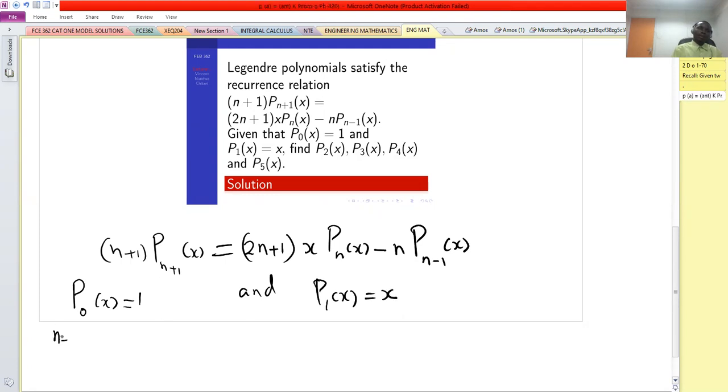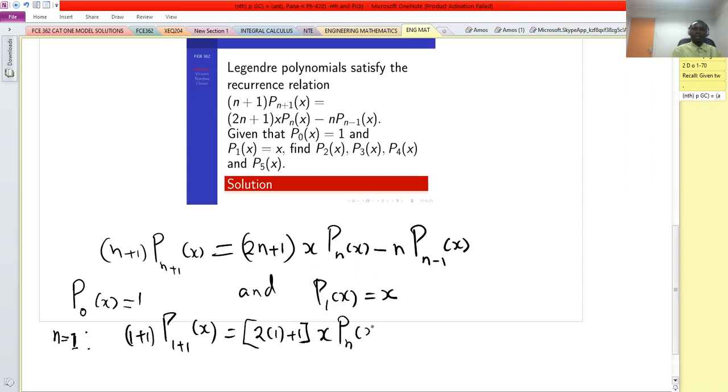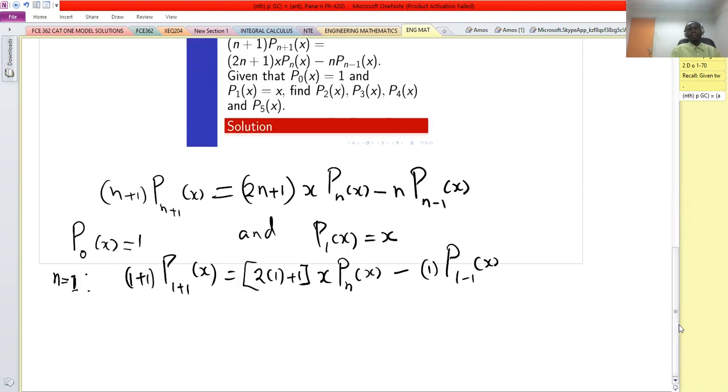So when n equals 1, just replacing into the formula, P sub 1 plus 1 of x equals 2 times 1 plus 1 times x P sub n of x minus 1 times P sub 1 minus 1 of x. So this is what we have.